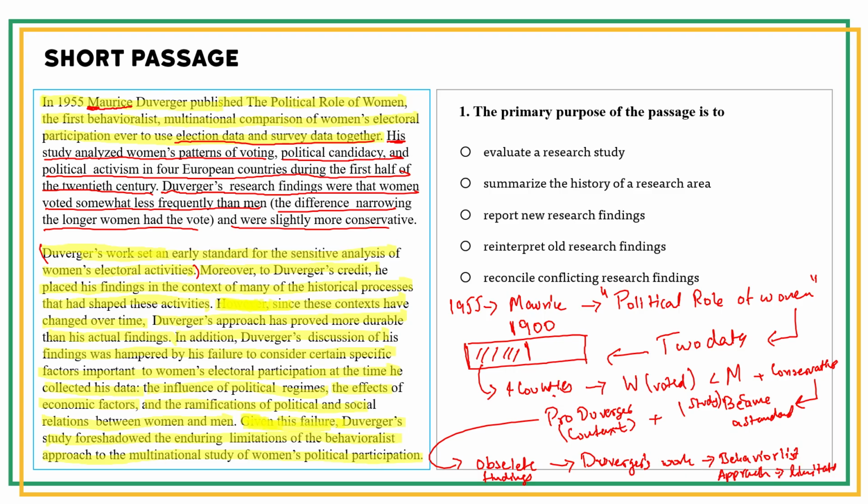That's what foreshadowing means. Okay, so what do I usually do? I solve such questions at the end, questions which are asking you the primary purpose of the passage. Why do I solve them at the end? Because I solve the other ones first, and from solving them, I have to revisit the passage over and over again.